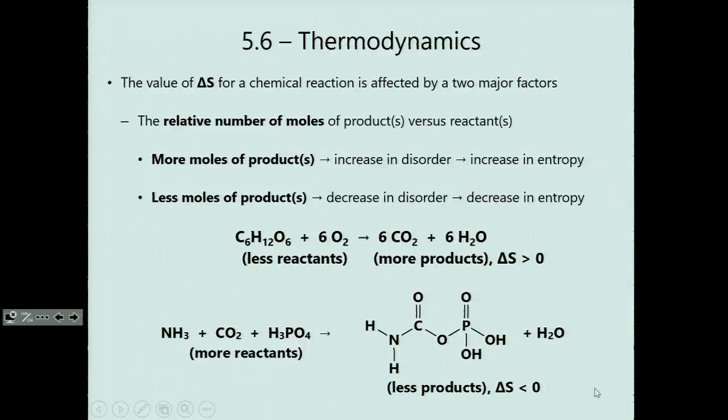So the breakdown of glucose through its metabolism or oxidation to CO2 and water has a positive delta S because you make many more product particles than you started with in the reactants. We're going to look at another pathway at some point, again, when we talk about metabolism, which involves the elimination of nitrogen.